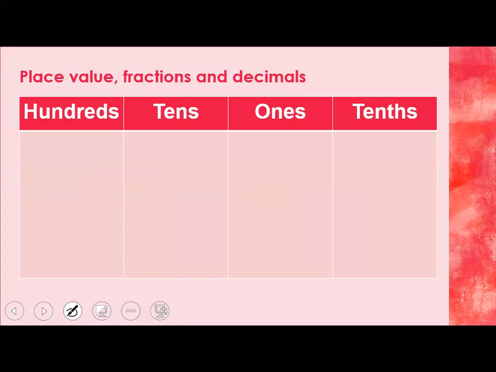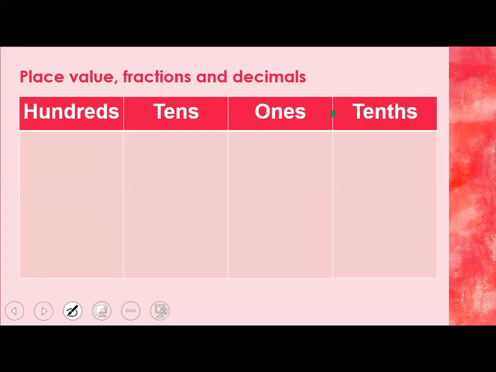But now I'm starting to deal with numbers that are less than 1, or numbers which have parts of them which are less than 1. My next place value column along, remember, is the tenths column. Now, where is my decimal point going to go on this place value chart? It always goes between the ones and the tenths.